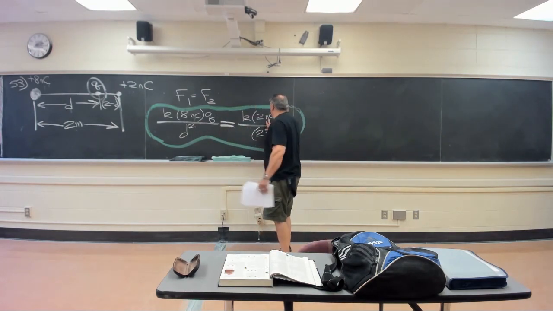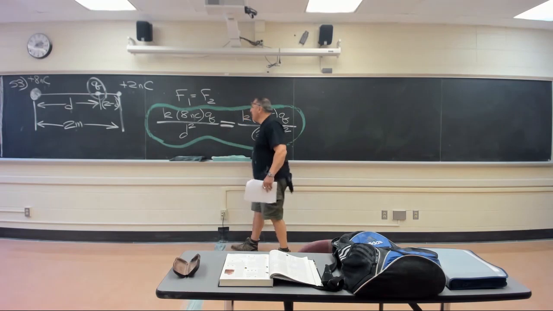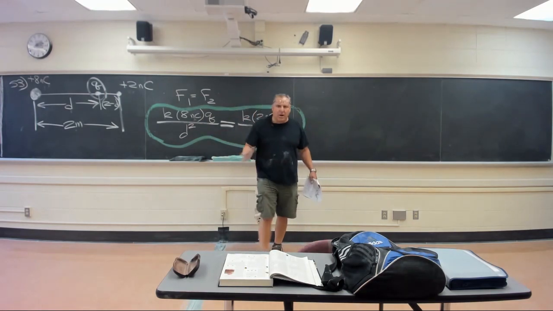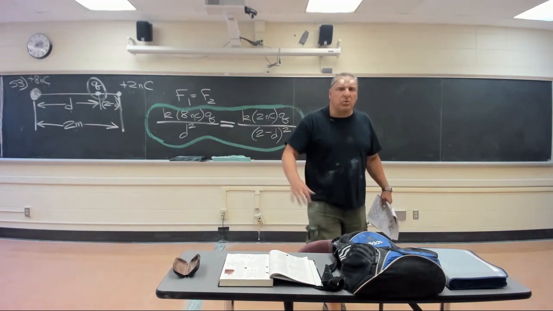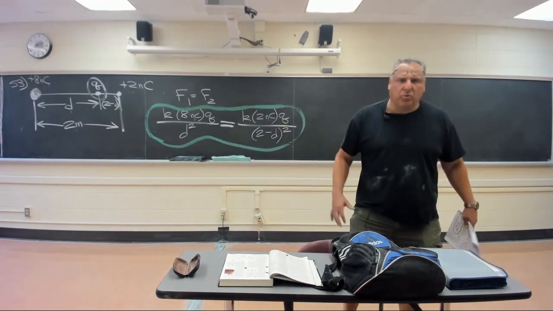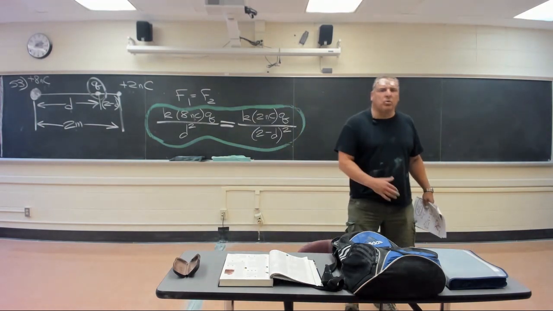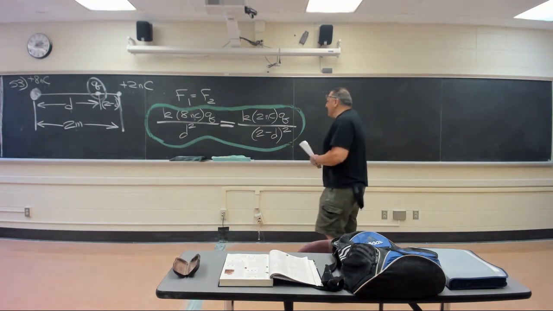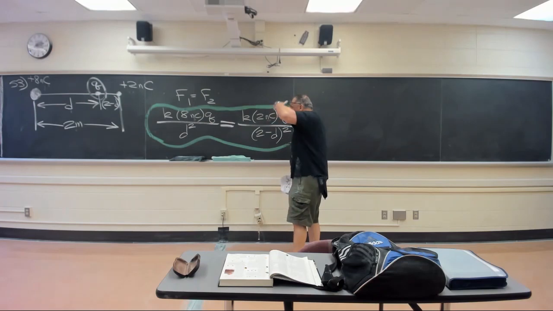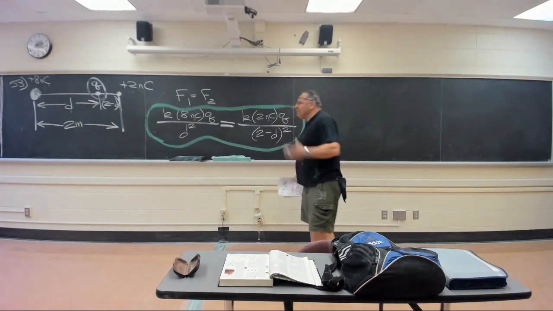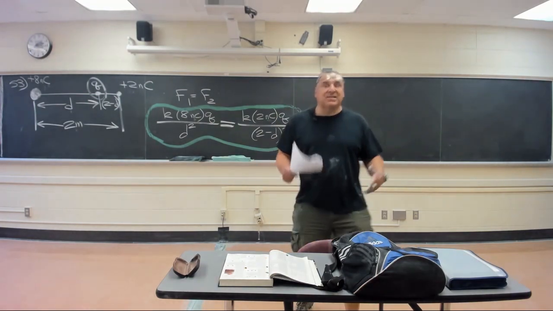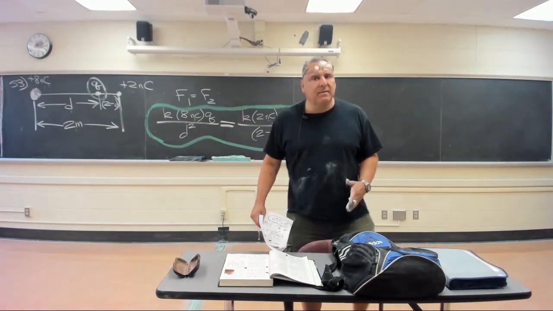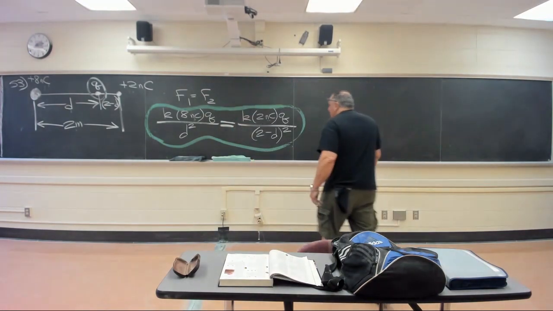If this was microcoulombs and microcoulombs, or picocoulombs and picocoulombs, it doesn't matter. As long as we got the same units under consideration, that 10 to some power is the same 10 to some power on each side.